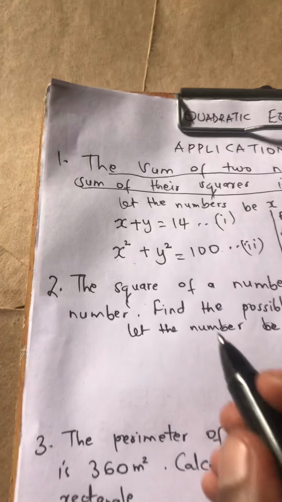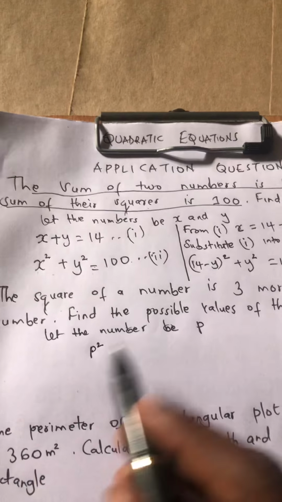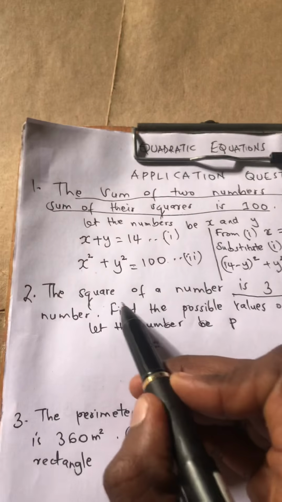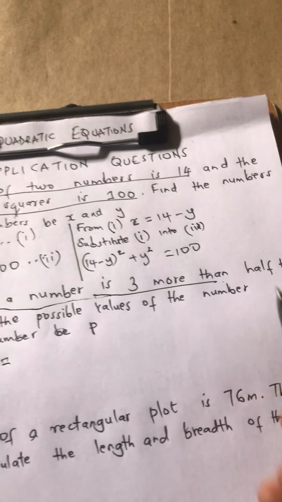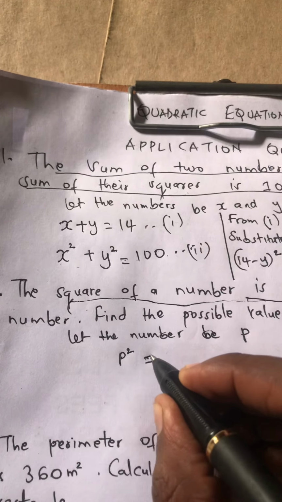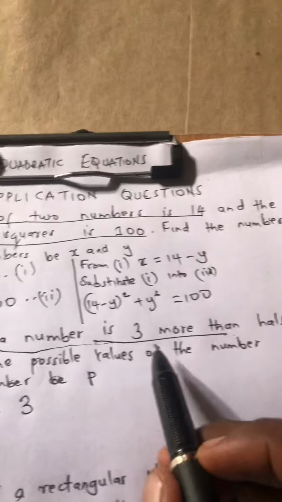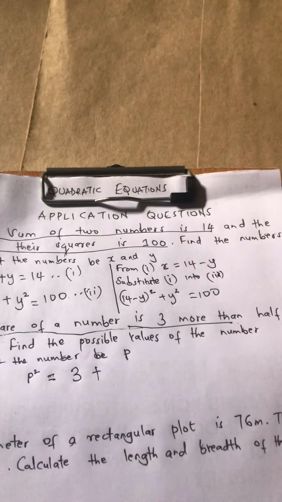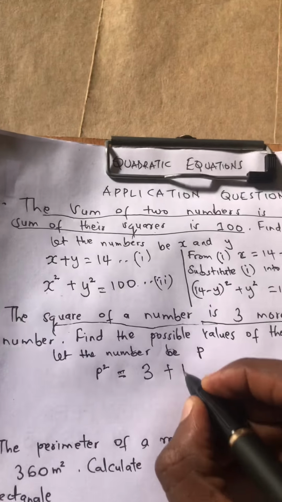The square of the number, the square of P will be P square. So P square is, look, the square of a number is 3 more than half the number. So P square is nimekwambia ni is equal sign 3, so is 3 more than unaweka addition sign, yani zaidi ya, so 3 more than half the number.